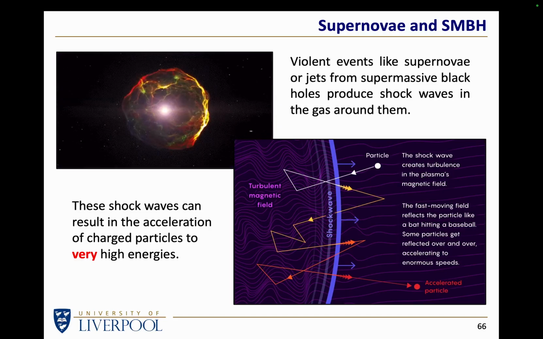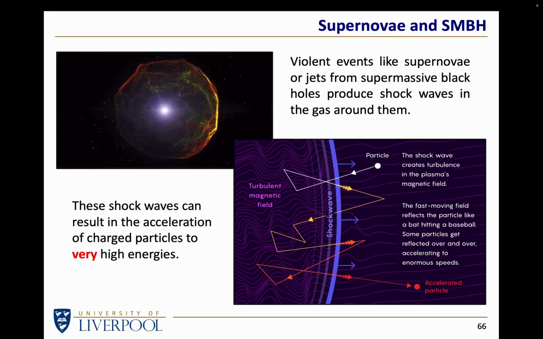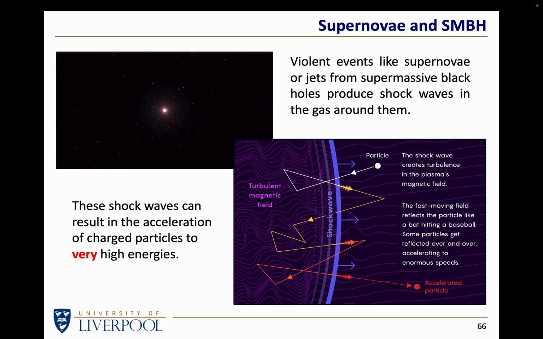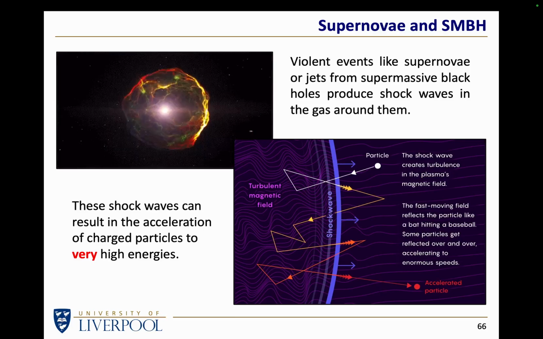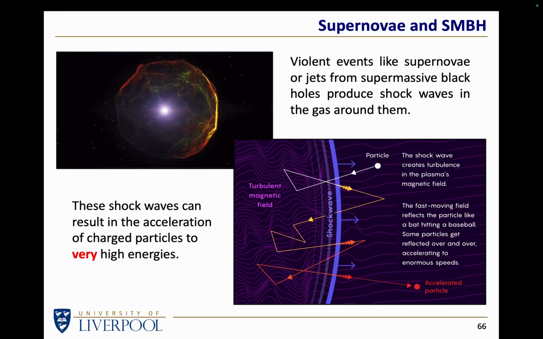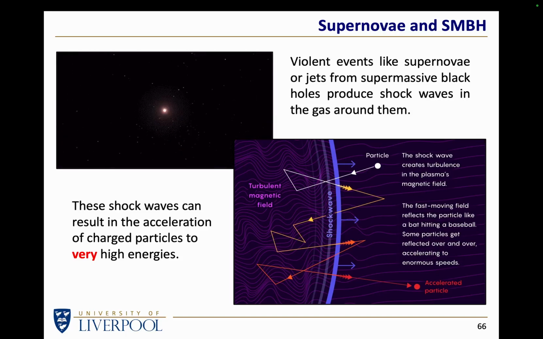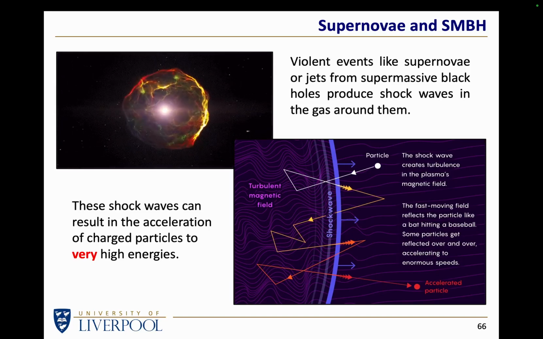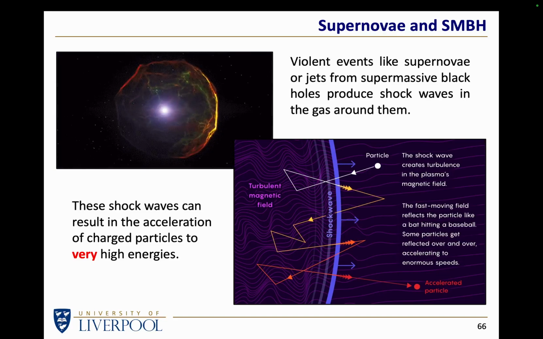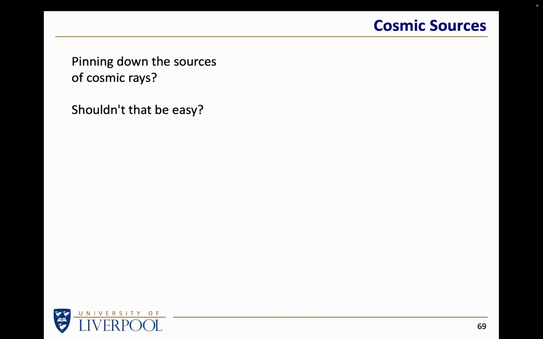I'm not going to explain this on the right-hand side because we're not even sure if it's right or not. It's just a hypothesis that maybe shock waves can pass through a bunch of charged particles and accelerate those charged particles up to very high energies. So theorists are trying to work out how that might happen. The best candidates we've got at the moment are possibly shock waves from supernovae or shock waves from supermassive black hole jets. But we're not entirely sure.